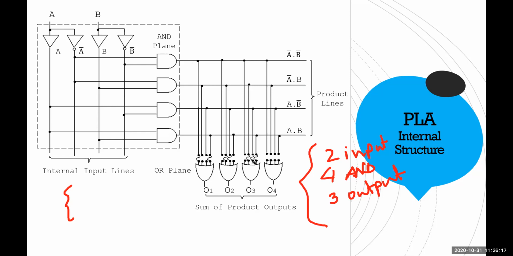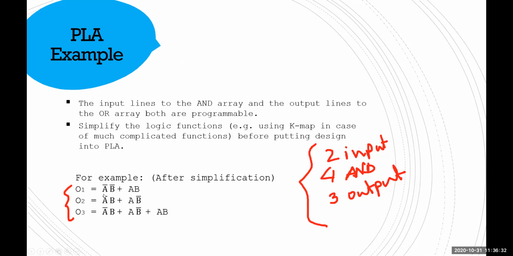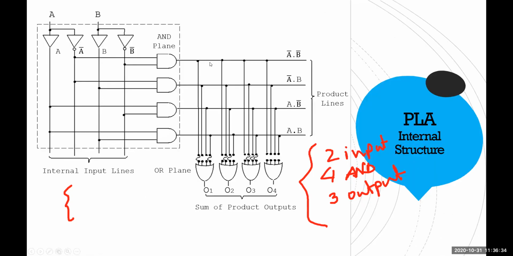Now the actual programming will be done here. So the first one was O1. O1 was A bar B bar plus AB, I believe. Okay, let's go back and see. First one was A bar B bar and AB. So the first connection will remain.